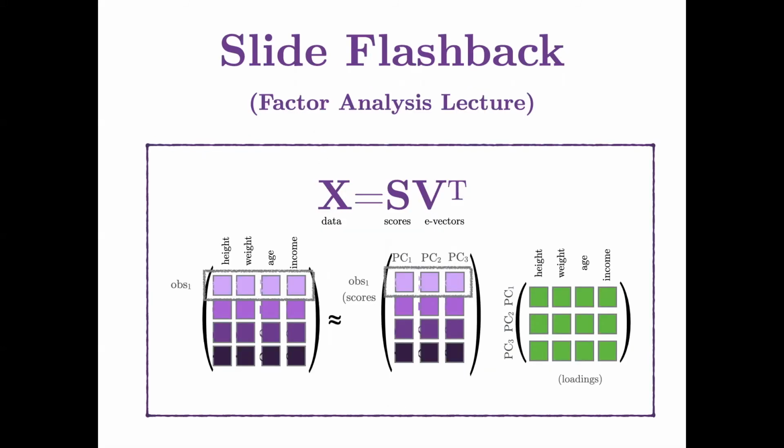So right now, I would like to flash back through a couple of lectures and pull up some slides that we've seen before. The first came from the PCA recap. This was actually part of an optional video, and we were looking at principal components as a matrix factorization. So we had the scores times the eigenvectors.